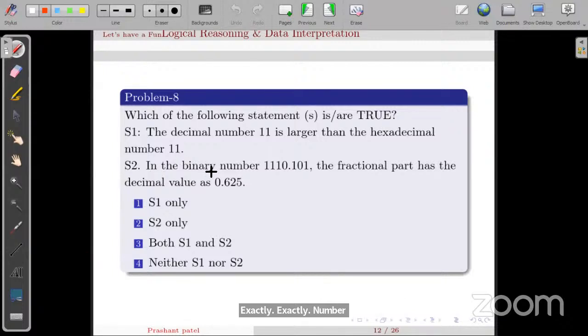In a binary number, the fractional part has decimal value 0.625. Now, this might be a binary number. First of all, I am talking about the binary number. Does everyone know what we mean by a binary number?